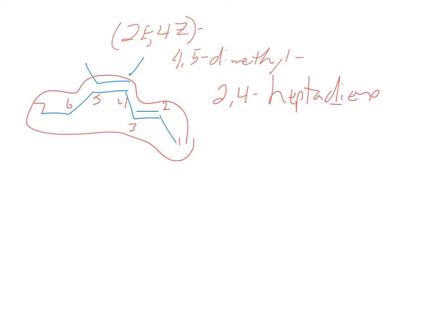Another example, throw up a 5-member ring here with a Cl on it. Parent chain is going to actually be in the ring. So if I want to number the ring such that I get the substituent lowest possible, I would go 1, 2, 3, 4, 5.